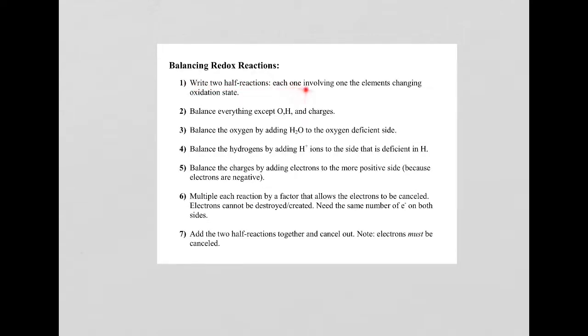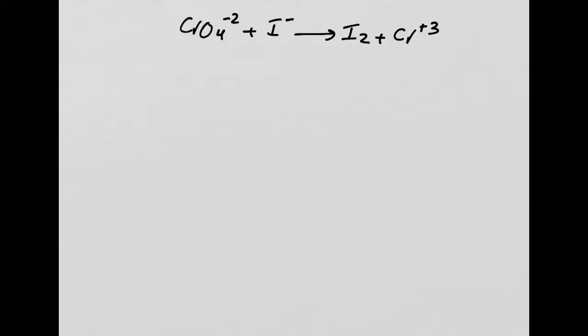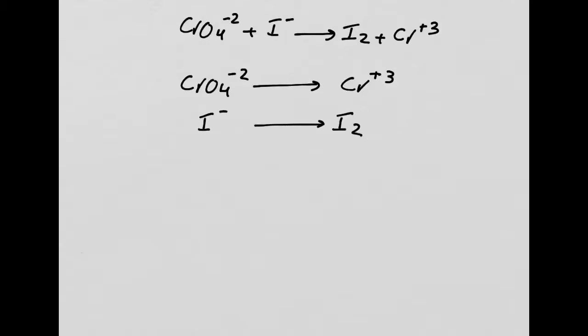Write two half reactions, each one involving one element changing oxidation state. So the first thing we're going to do is write down two half reactions. What are the two half reactions over here? I'm going to write the easier one: CrO4 -2 goes to Cr+3, and I- went to I2. These are my two half reactions.